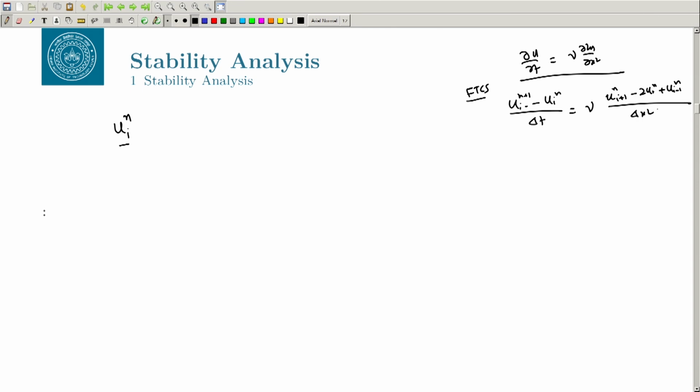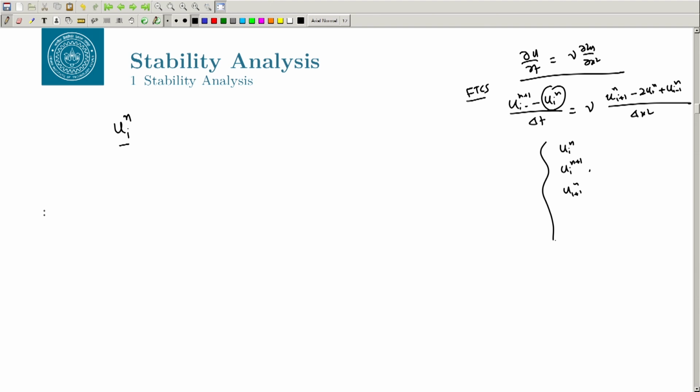This is how you write the FTCS scheme. So, we are basically trying to represent all of these, u i n plus 1, u i plus 1 n, u i minus 1 n and so on and so forth, each in terms of our Fourier series.